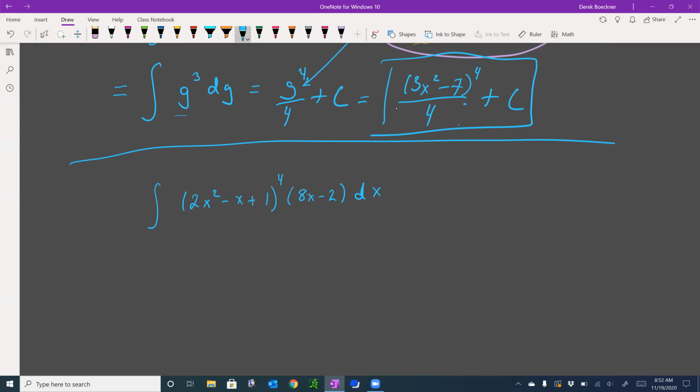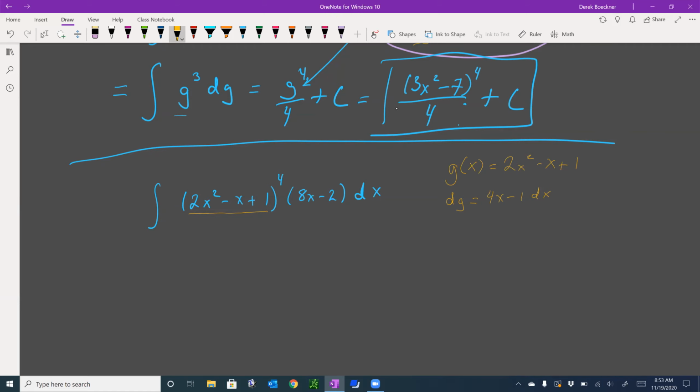So what looks like it should be my inside function? Yeah, this looks like it should be my inside function, so we're going to call that g of x. And then dg will equal 4x minus 1 dx. So far, so good?